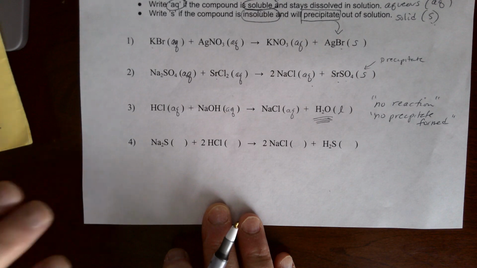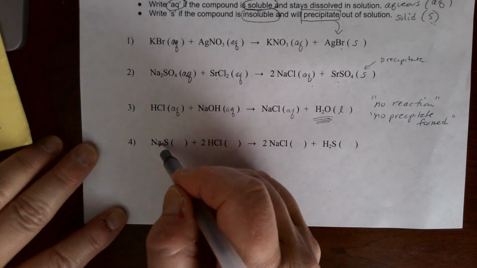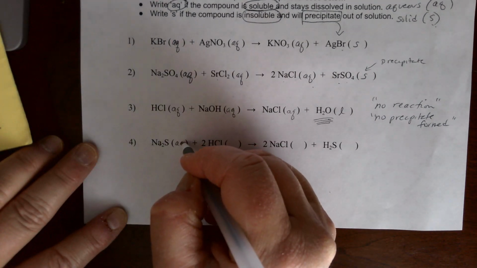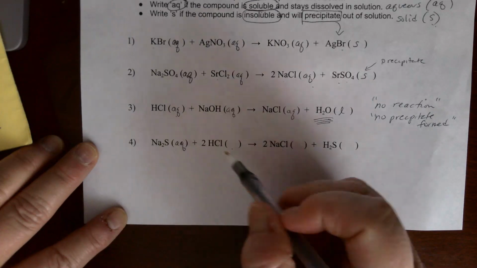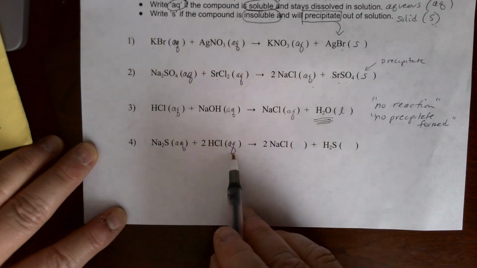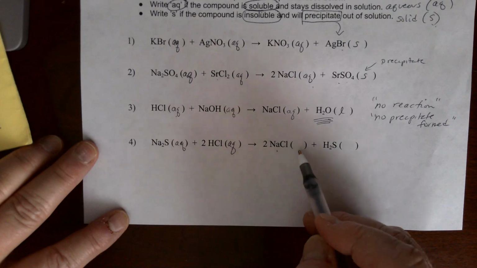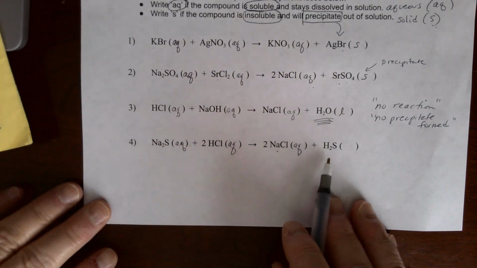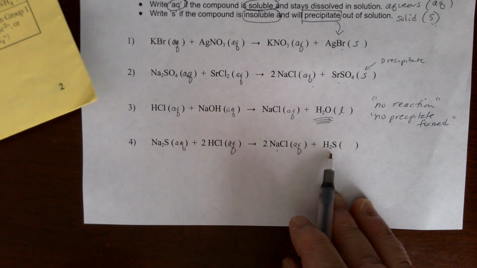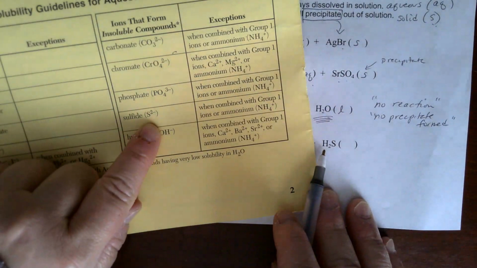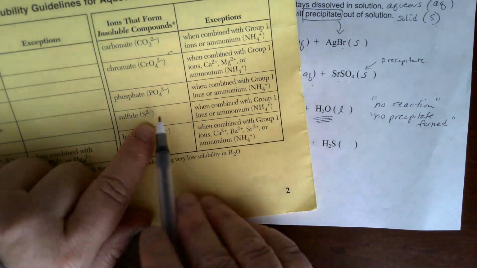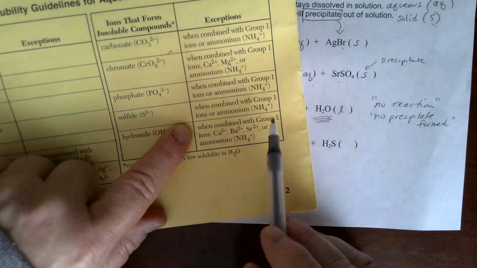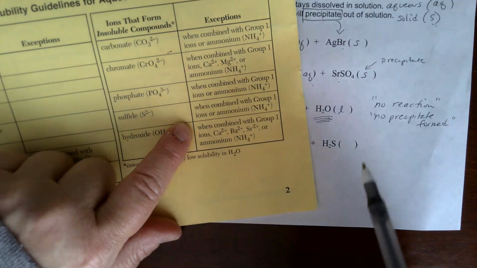Okay, last one. Na2S. Sodium is present. It is aqueous. HCl, we already decided from an earlier problem, is aqueous. Sodium chloride, we already decided from a previous problem, is aqueous. And lastly, we have H2S. This is a sulfide. Sulfides are insoluble, except with group 1 ions.